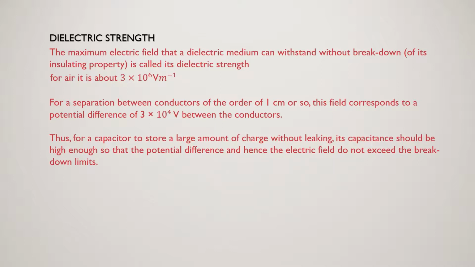Due to this high potential difference, all the charge will leak into the surroundings. So in order to store a large amount of charge, the capacitance of the capacitor should be high, so that the potential difference and electric field do not exceed the breakdown limit. So the capacitance of the capacitor should be high.